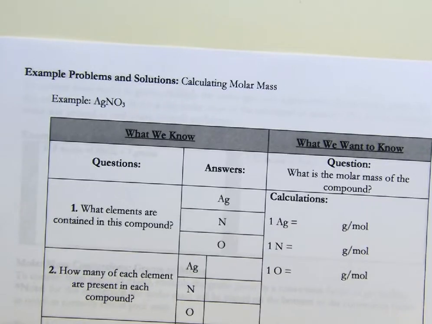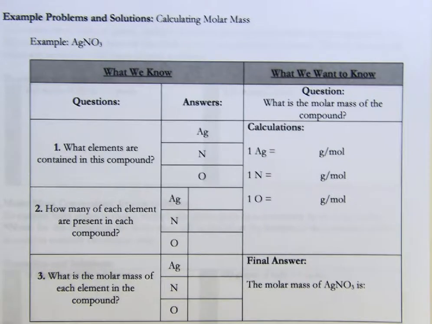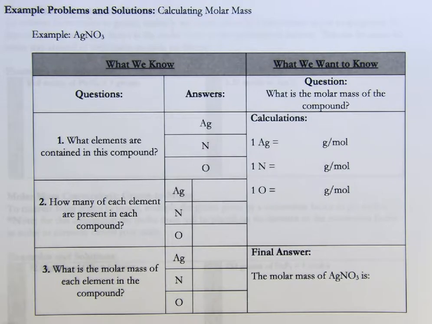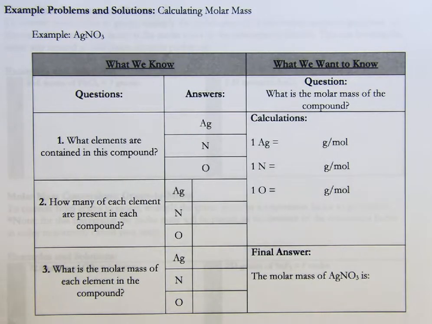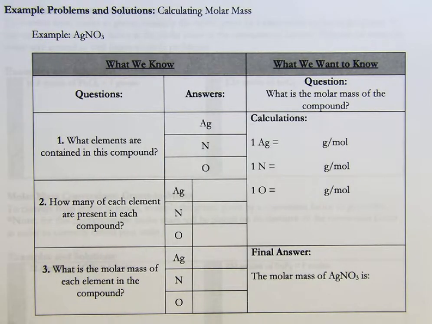All right, so let's do an example problem. I put a table in here sort of breaking down the process for you. It says example problem, calculating molar mass: AgNO3. So I want to know, what's the molar mass of AgNO3?